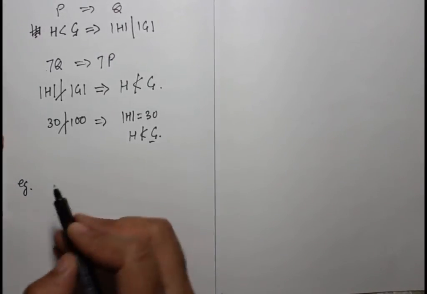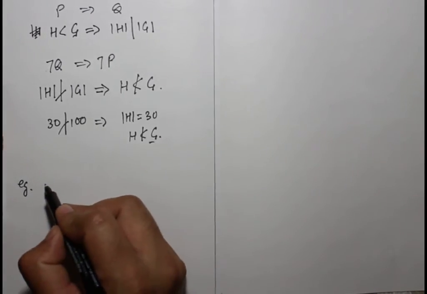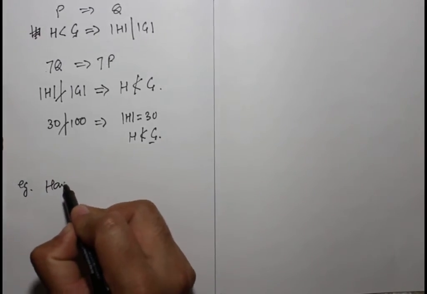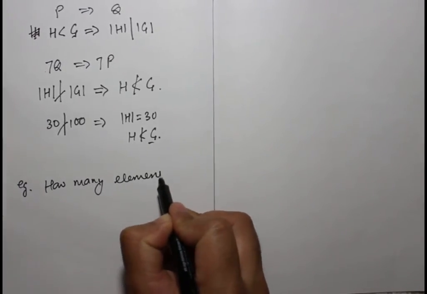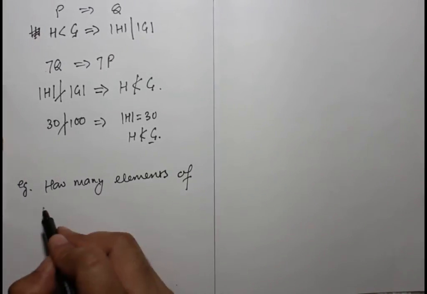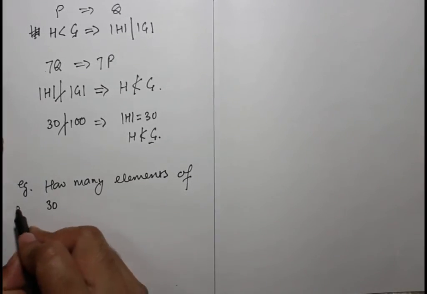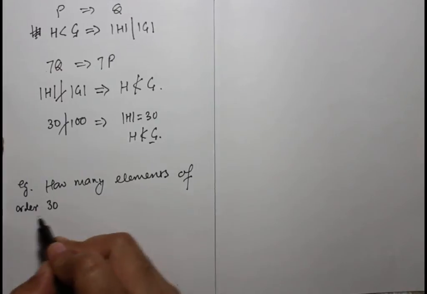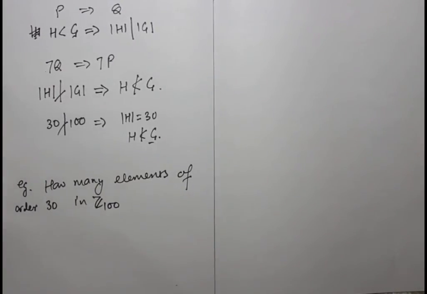अब मैं कह रहा हूँ एग्जाम्पल, अब कॉरोलरी 1 के लिए एग्जाम्पल है, how many elements of order 30 in Z100. How many elements?